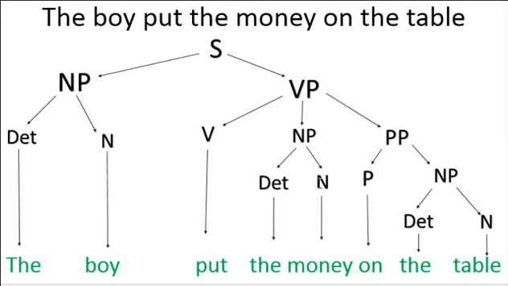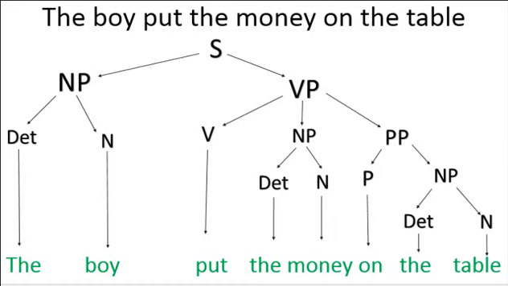When you finish here, the next word is a preposition. It's a preposition, and the table is a noun phrase. The table is a determiner and a noun. Preposition, determiner, and a noun is a preposition phrase. Remember?